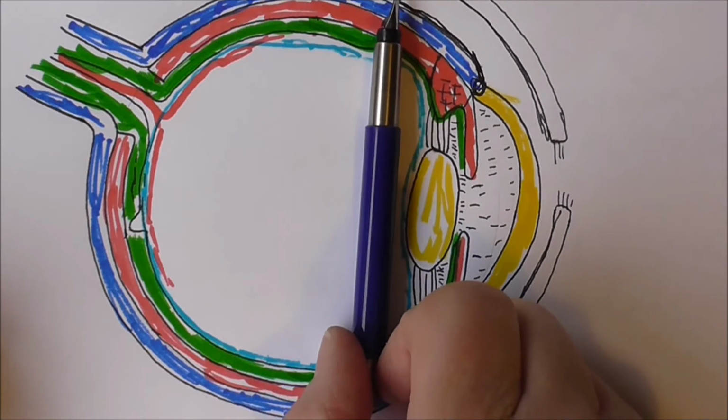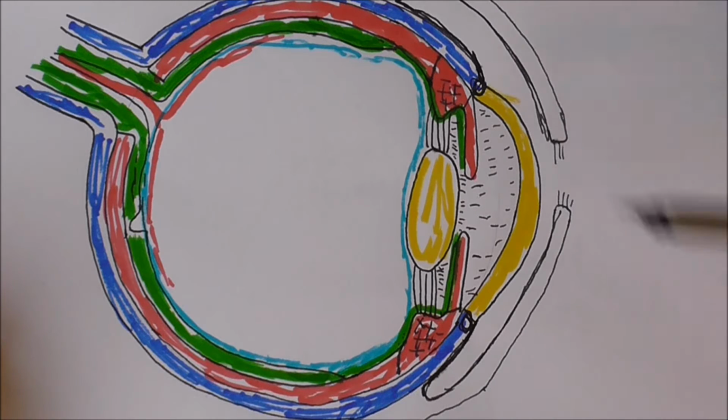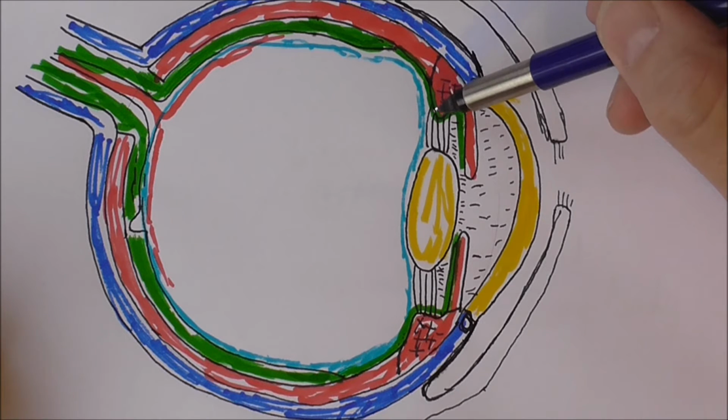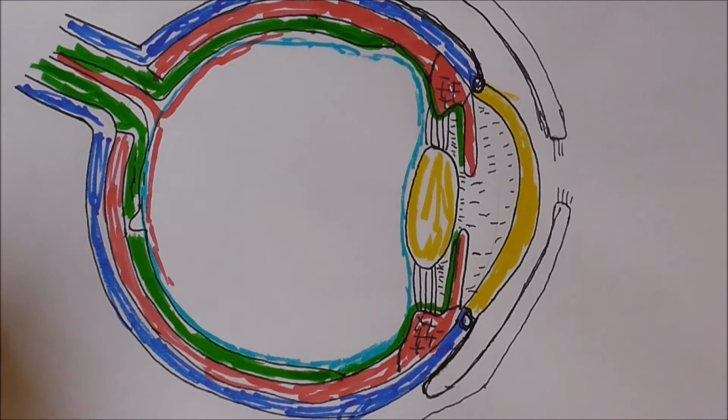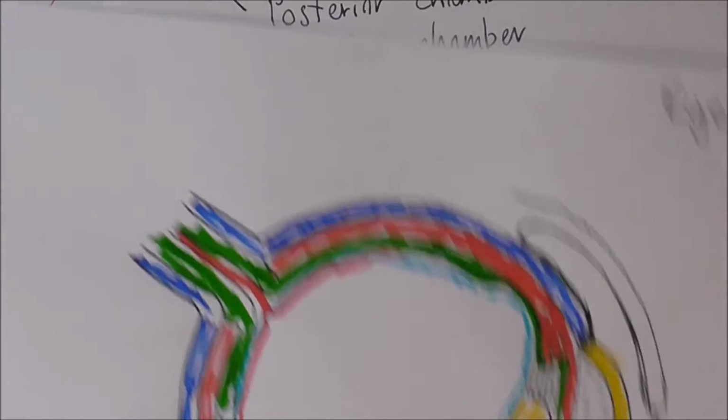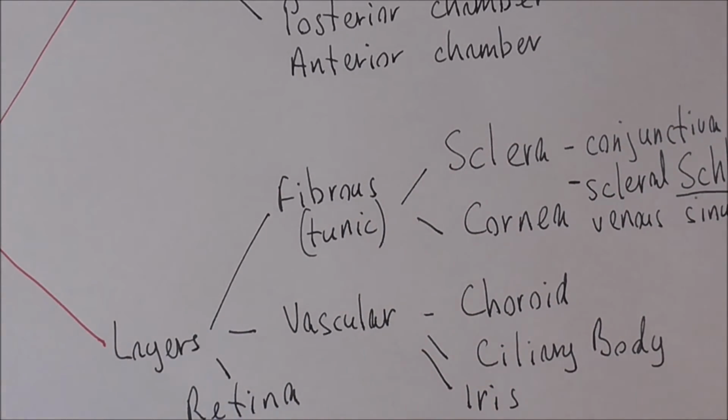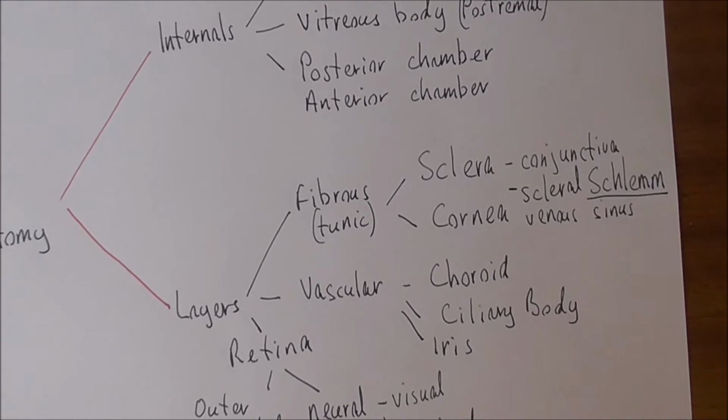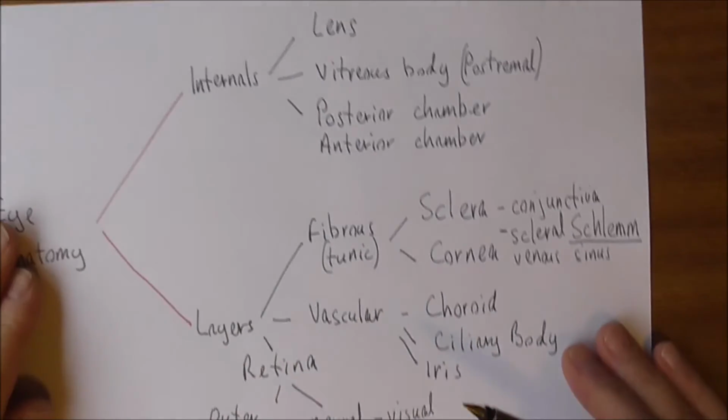So this area in the visual retina is light sensitive, whereas the very thin layer of neural tissue in the anterior retina is not light sensitive. So what we see is we can divide the eye up into these areas.